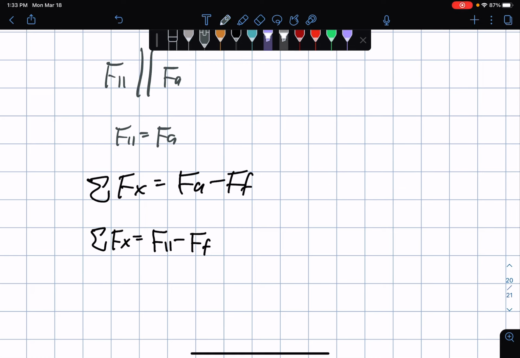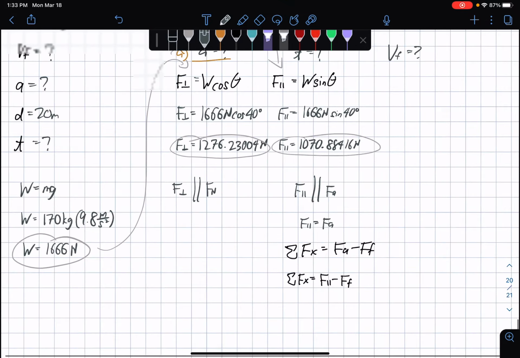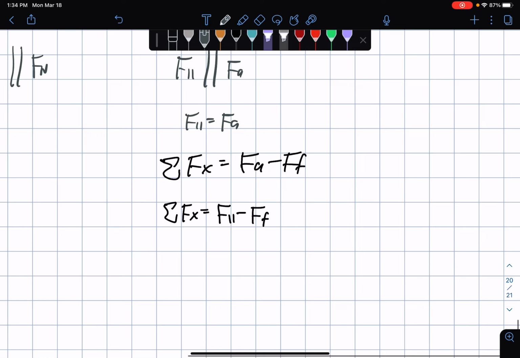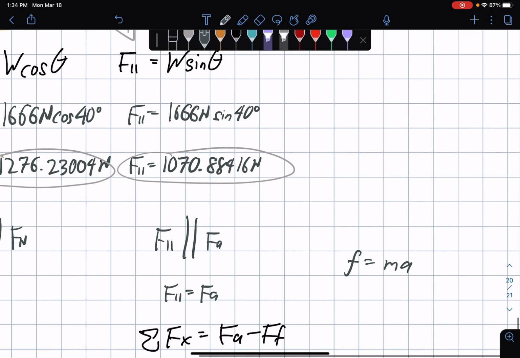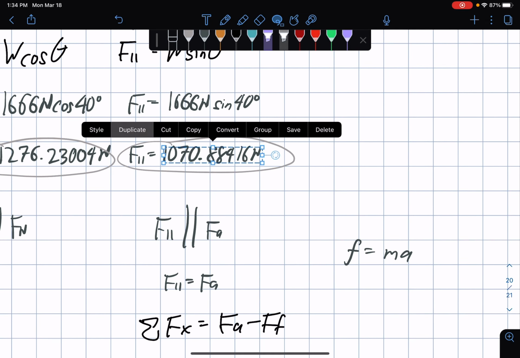So, summation Fx, we know that this is not equal to 0 since the object is moving and there's a force involved. So, we all know that force generally is equal to ma. Therefore, the summation Fx, we can write this as ma, and the force parallel is equal to what? Let's just copy it from a while ago.